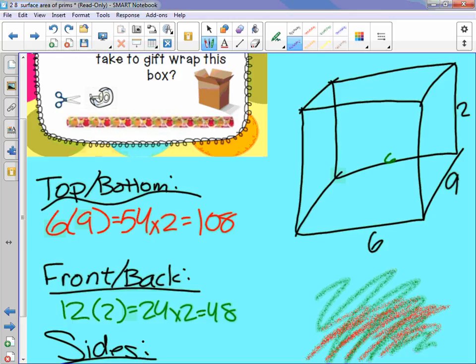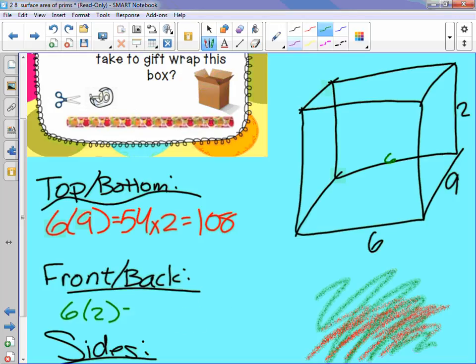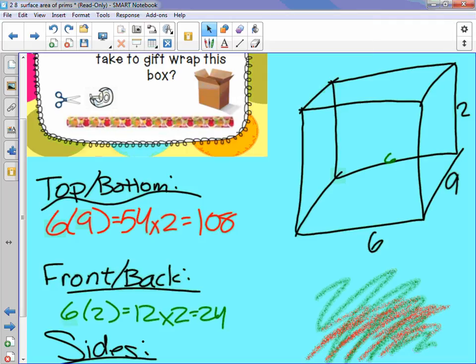Because 6 times 2 is the area of your back, and you already found it. That's 12. You did 12 times 2. 6 times 2 is 12, times 2 is 24. Yes, good catch.